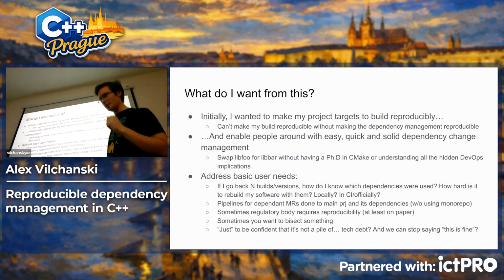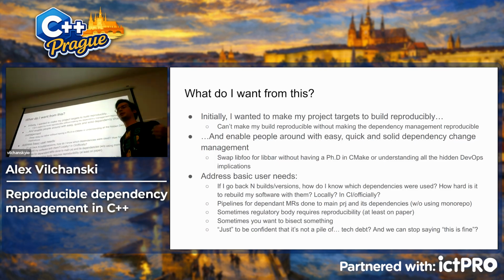By internal dependencies, I mean your company libraries or small reusable pieces of code, whatever you package them into. External dependencies are usually open source dependencies with permissive licenses that you want to use in your project.